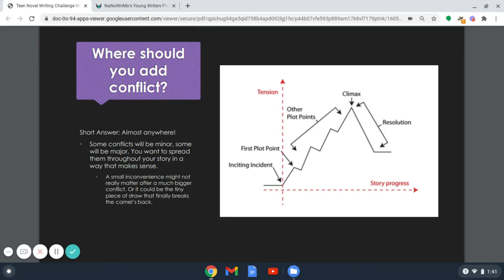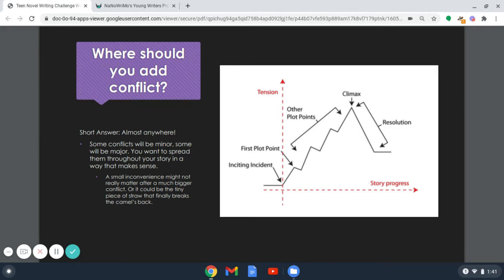So a small inconvenience might not really matter after a much bigger conflict. If you've just escaped with your life from somewhere dangerous, some small argument you have might feel stupid and inconsequential. You're like, this doesn't matter. We almost died. But it can also hit a different way depending on what that conflict is.